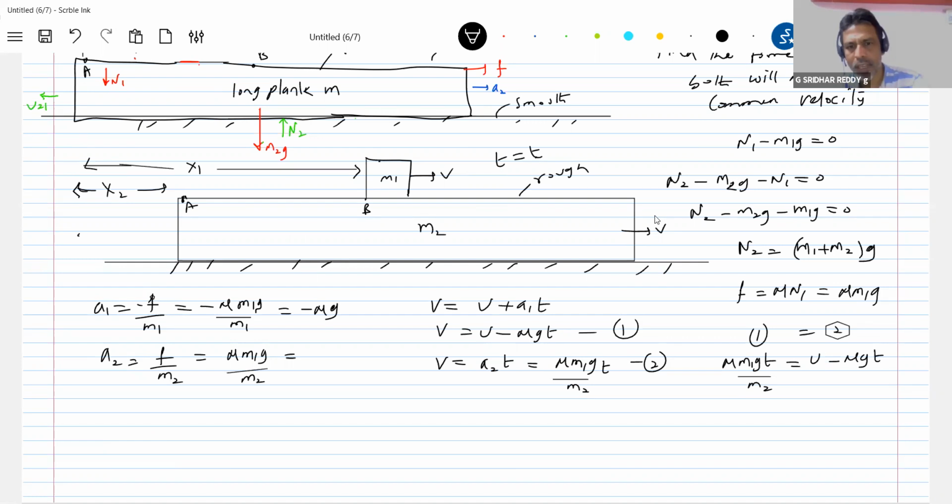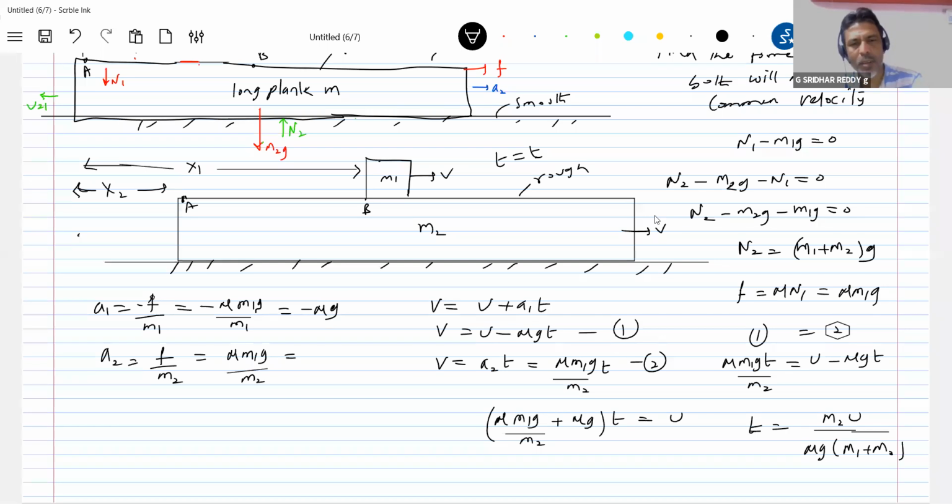So the expression for time will be: mu M1 g by M2 plus mu g, times t, equal to u. So the expression for t will be M2 u by mu g (M1 plus M2). This is the time taken for the friction to vanish.